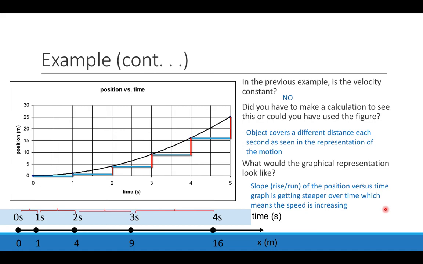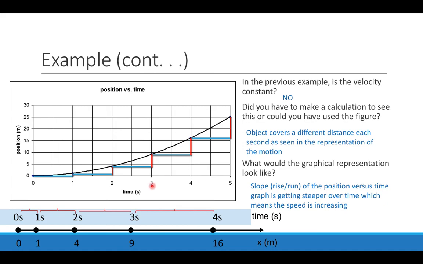So the position versus time, or knowing something about what the position looks like over time for an object, is going to tell us a lot about the motion. It's going to tell us where the object is. It's going to tell us something about the displacement that's covered. But more specifically, it's also going to tell us, is the object traveling at a constant speed? Is it speeding up? Is it slowing down?